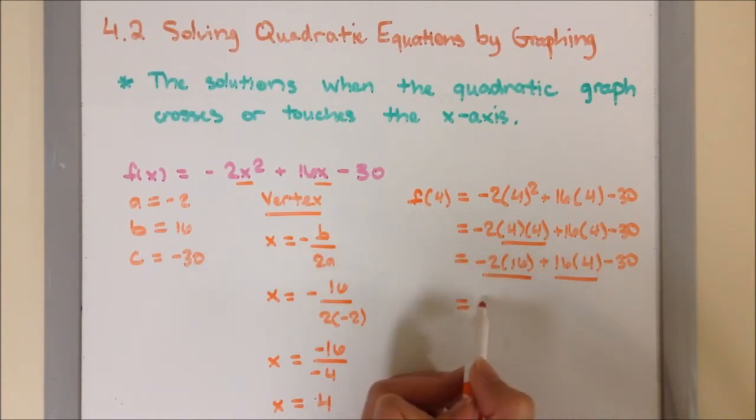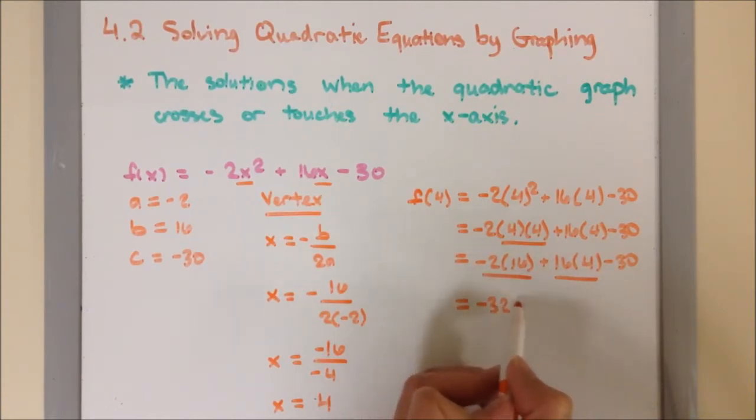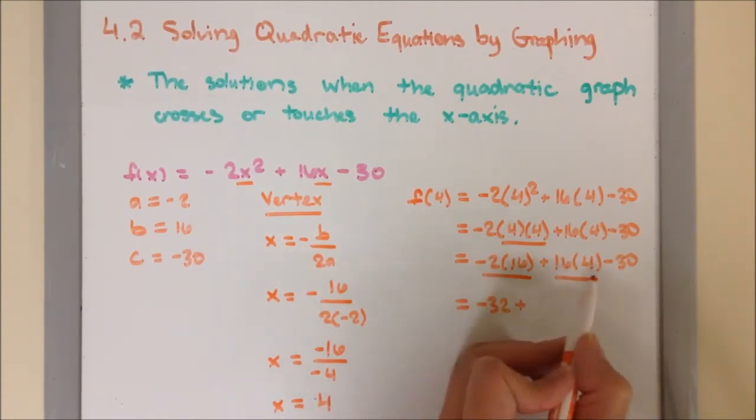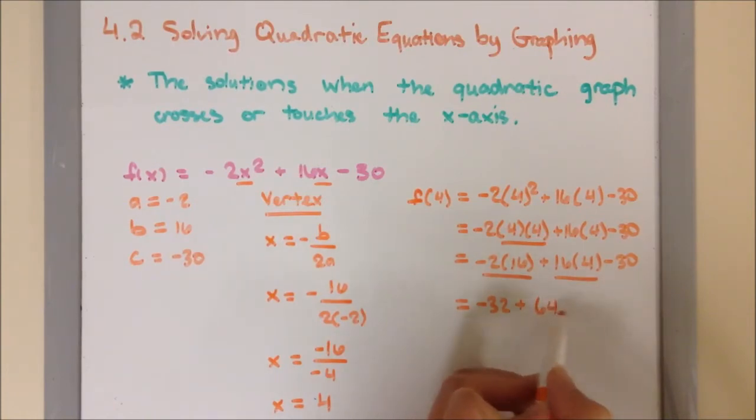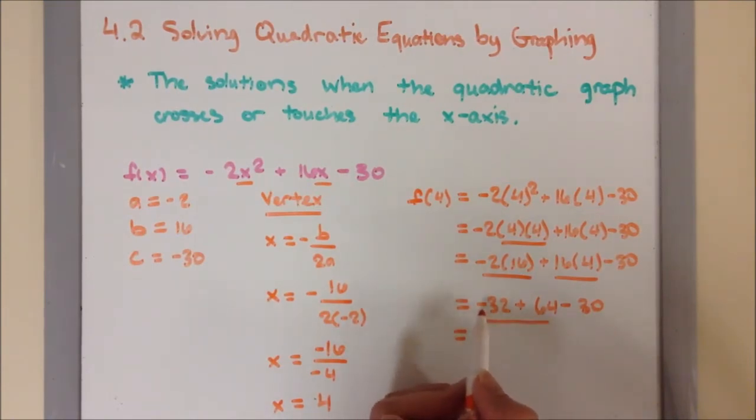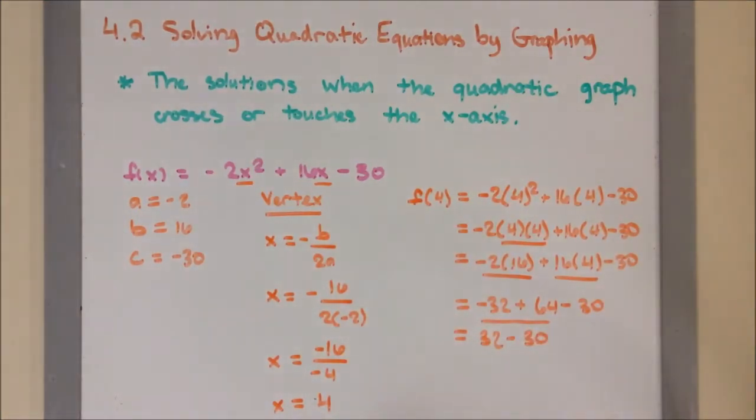Negative 2 times 16, negative 32, plus 16 times 4, that will be 64, minus 30. And then I'm going to work these two numbers first. So negative 32 plus 64, that will be positive 32, minus 30. And then 32 minus 30 will be 2.